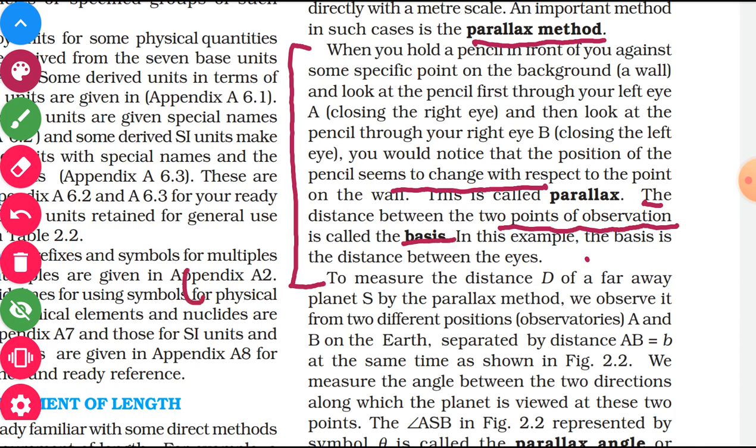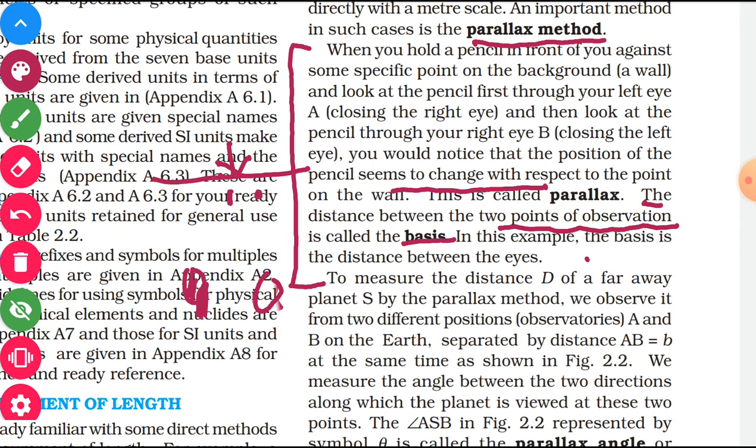This distance between the two points of observation is called the basis. Say this is your one eye, this is your second eye, and you are looking at this. When you look by one eye, you will find the object somewhere with respect to the wall, somewhere here. Then when you close this eye and keep the other eye open, the object will be seen at a different place with respect to this point, or it will be shifted slightly.